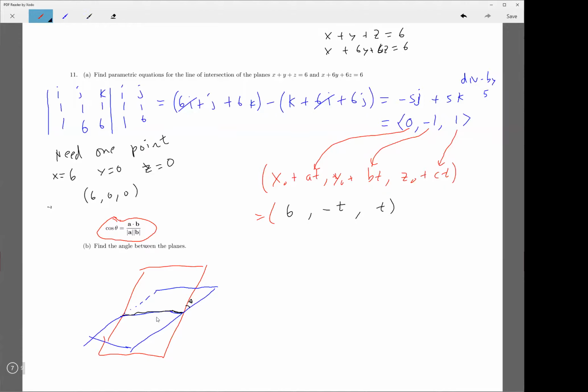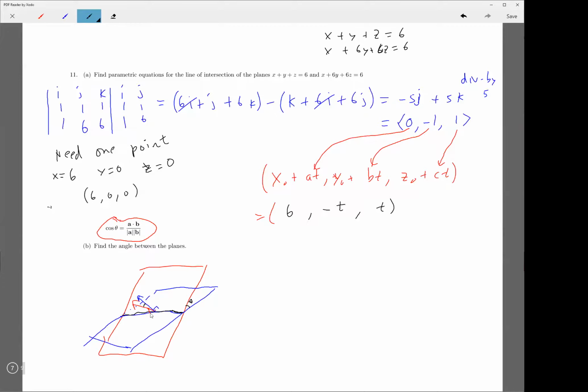Well, it turns out that if you take the normal to the red plane, and then take the normal to the blue plane, the angle between those normals is also going to be the same.